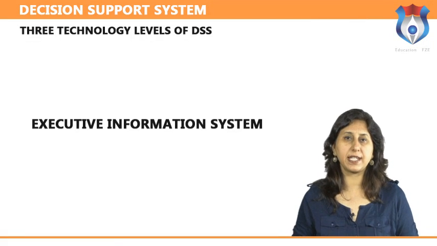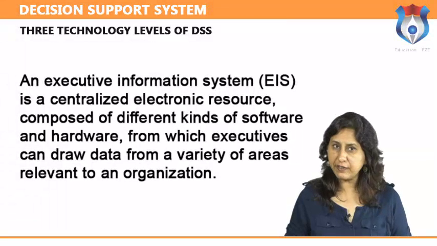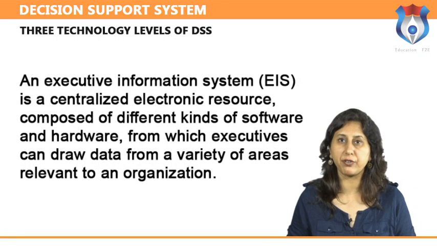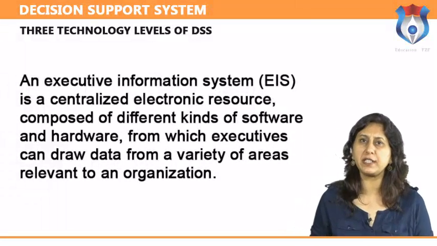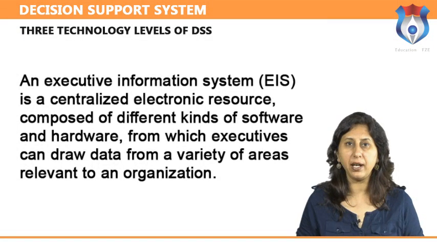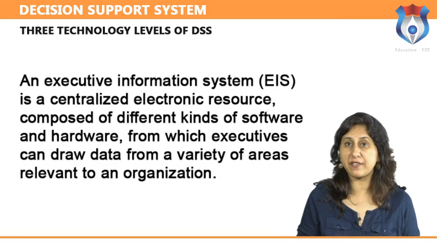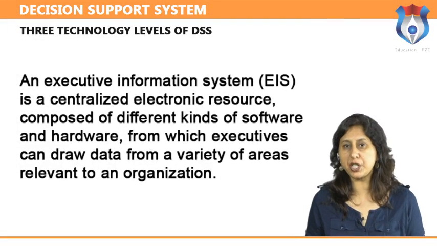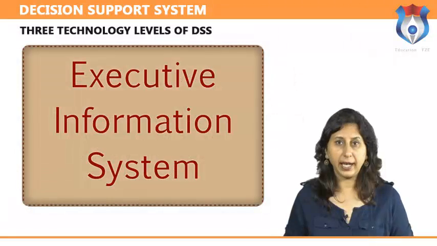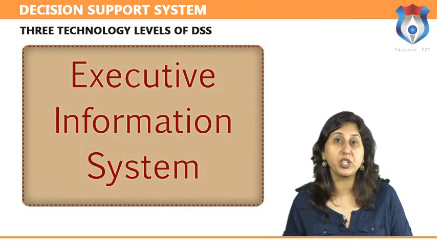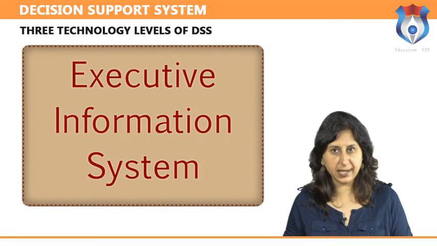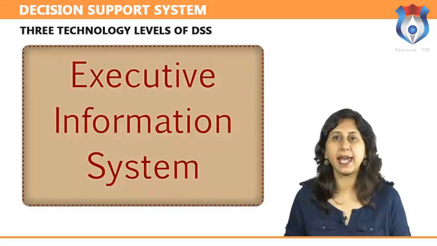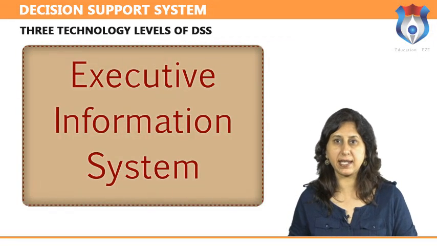Executive Information System. An Executive Information System, EIS, is a centralized electronic resource composed of different kinds of software and hardware from which executives can draw data from a variety of areas relevant to an organization. It is commonly considered as a specialized form of a decision support system, DSS, and otherwise referred to as an executive support system, ESS.